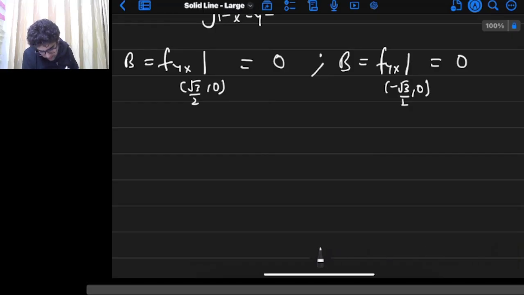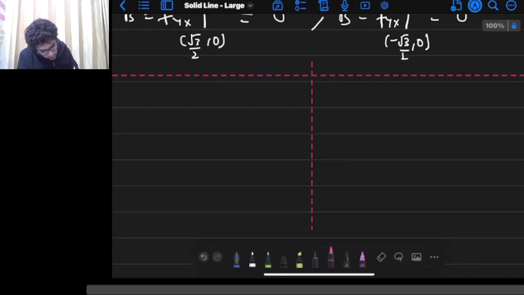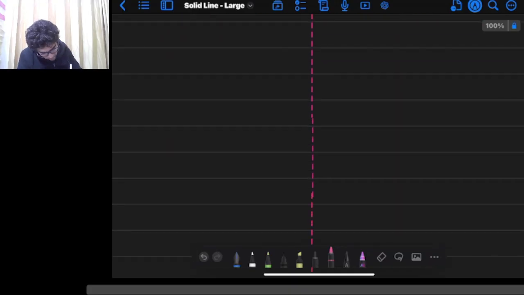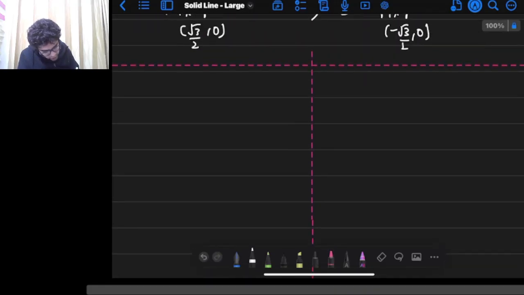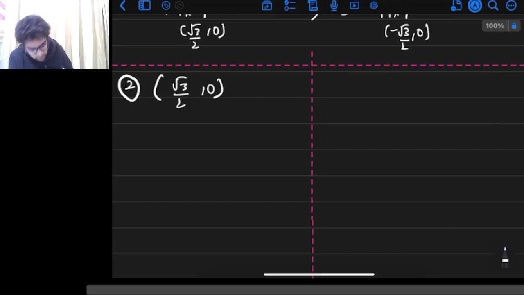So ultimately, if I just draw a line here and another line here, so now I have two stationary points, right? My second stationary point was root 3 by 2 comma 0, and the third stationary point was minus root 3 by 2 comma 0.